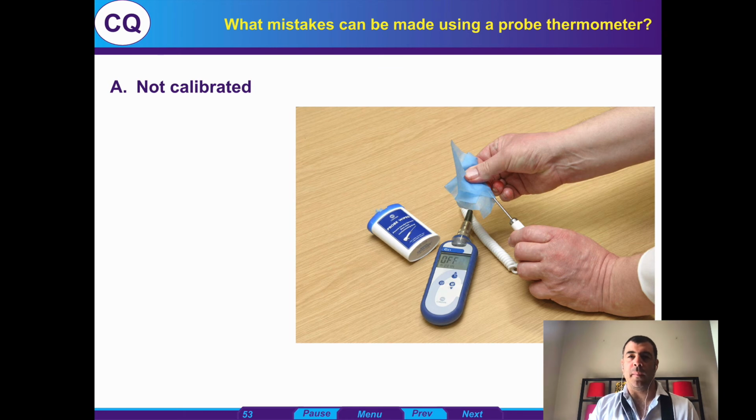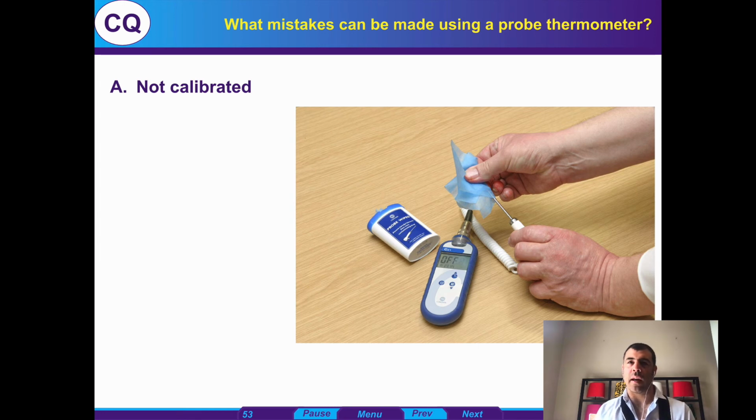First of all, the devices are not calibrated. You need to calibrate a temperature probe at least on a monthly basis. This is not hard to do. You take the temperature probe, boil a pot of water, dip the probe in there without touching the sides, and it needs to read between 99 and 101 degrees. Then you repeat the same process in icy water.